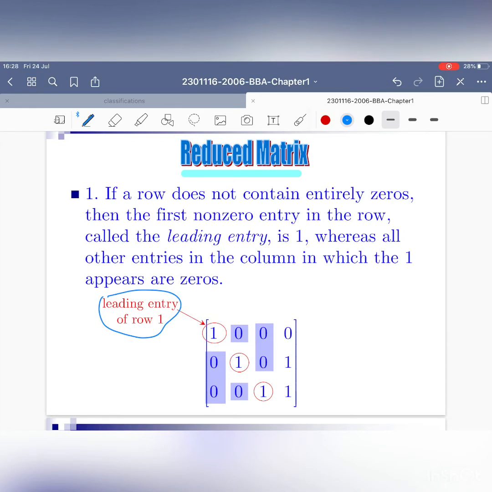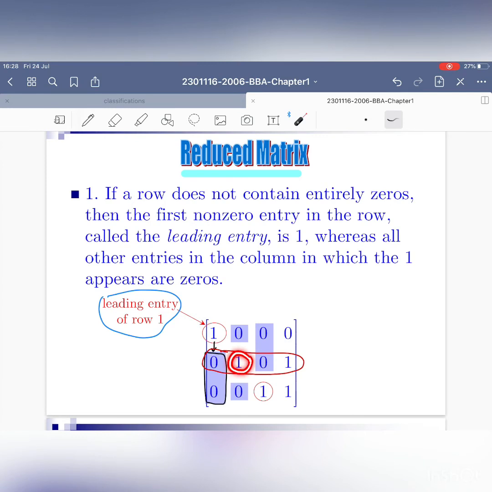All the other entries in the column in which 1 appears must be 0. So it means that the rest here, under that 1, must be 0. You look at this one more time. Your second non-zero row: the first one that you see, when we talk about the first one, it means the first one from your left. The first one that is not 0 must be 1 again.